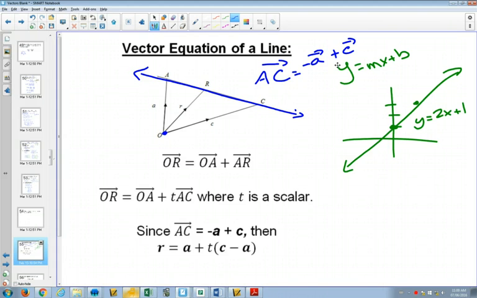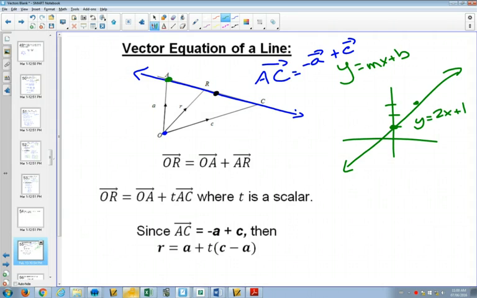Now, any point that's on the line can be represented by this point r, and this point r can slide along that line. The way that we make an equation of a line in vector form is we start with a point that you know is on the line, and usually that's either a or c.